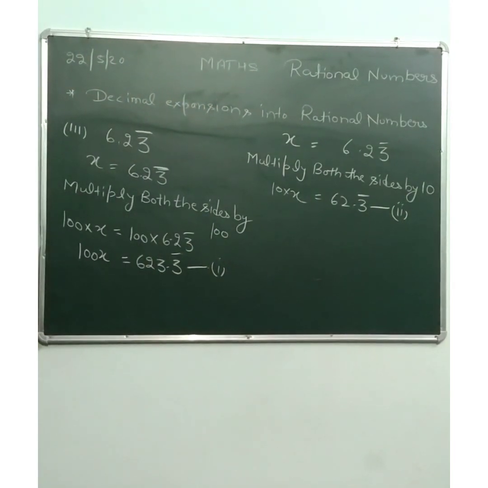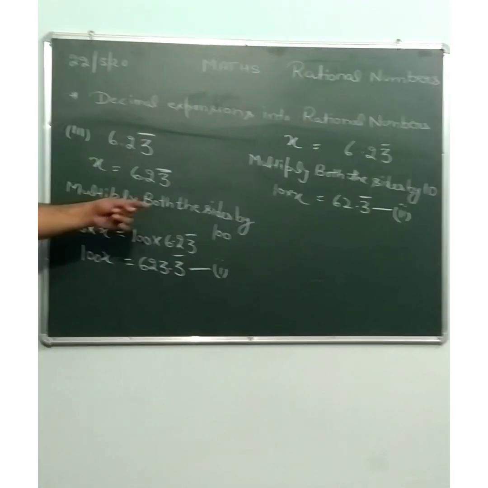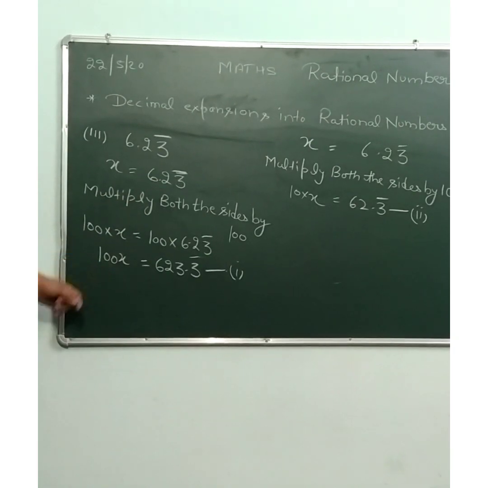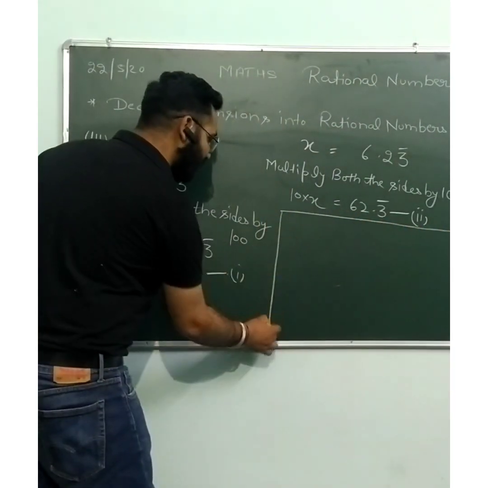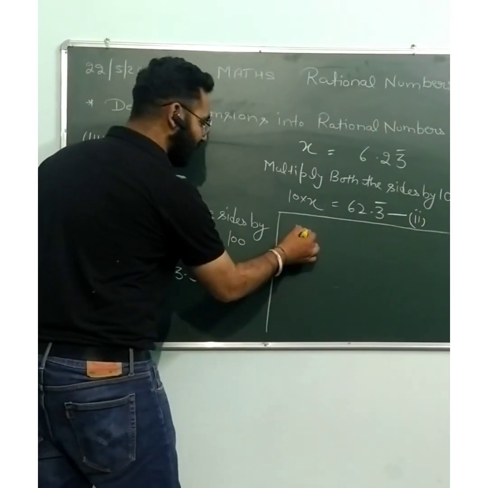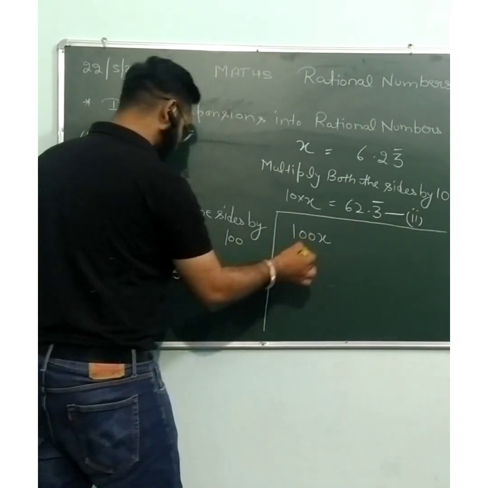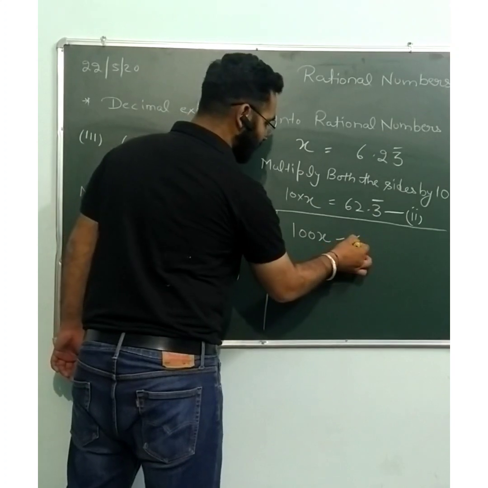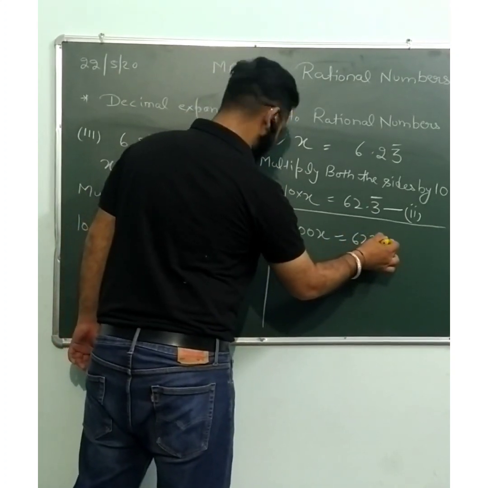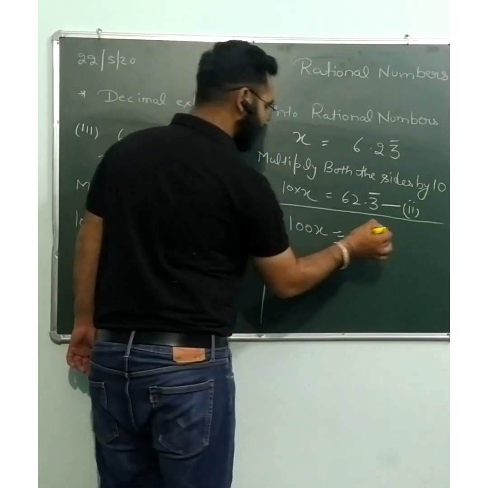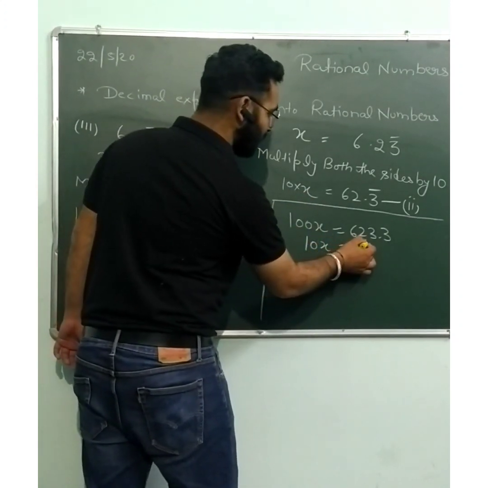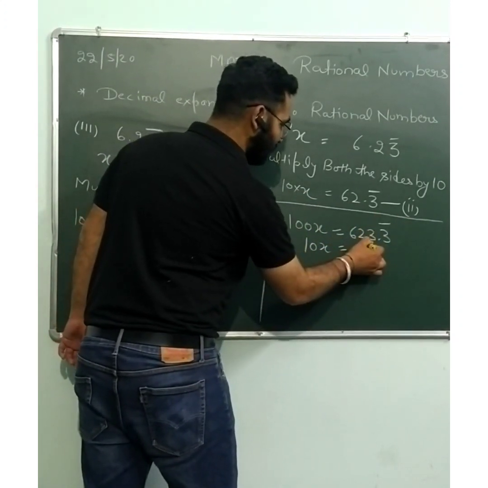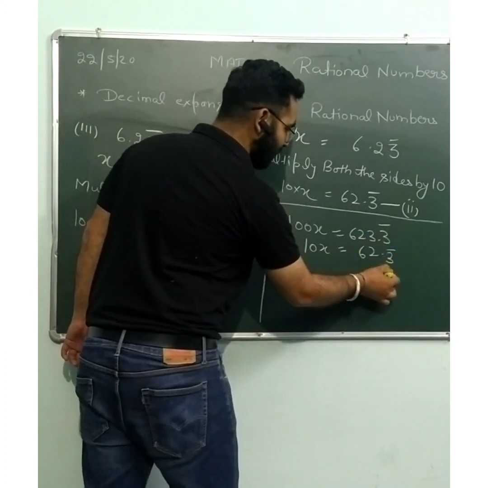Now you have to do subtraction. Subtract the second equation from the first equation, meaning the smaller equation from the greater equation. The greater one is 100x equals 623.3 bar, and this one is 10x equals 62.3 bar.